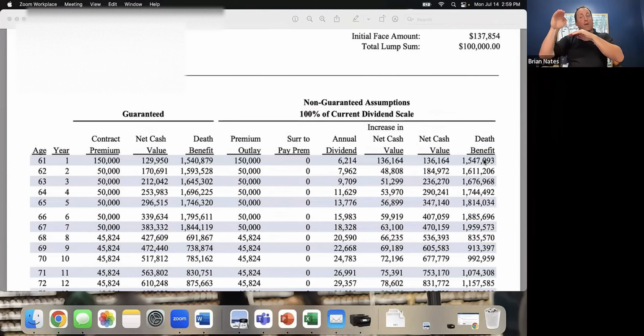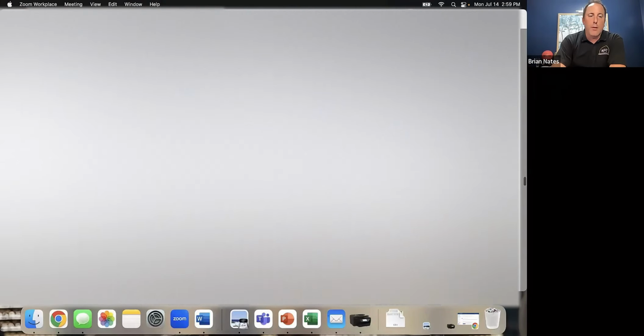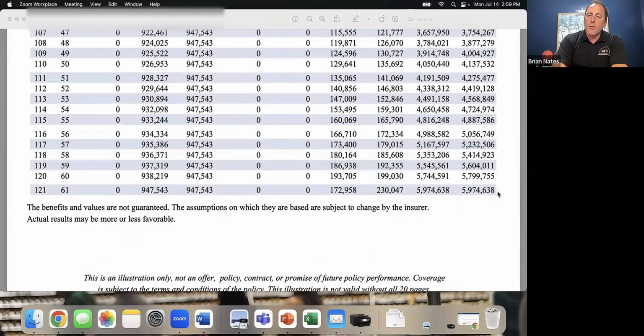So if the death benefit's increasing, which is what paid up additions do, it is a system. It is directly correlated that the death benefit's rising, therefore the cash value has to rise. Because if you look at this design, if you maximize this all the way out and you live to age 121, which is the most you can have on a life insurance policy, you notice it says $5.9 million death benefit here, age 121, 61 years later.